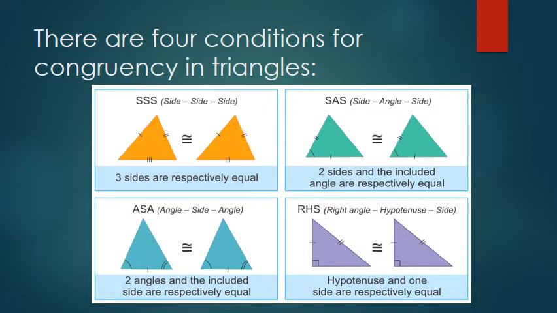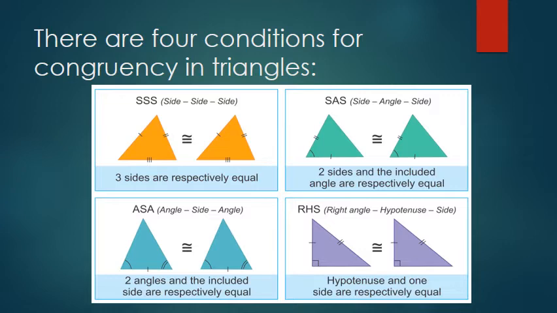There are 4 conditions for congruency in triangles, and we might have looked at this last year already, where you can prove that two triangles are congruent to each other by side, side, side. It means that all 3 sides are the same length. Then you can also get side, angle, side, where the angle must be included, in the middle of the 2 sides.